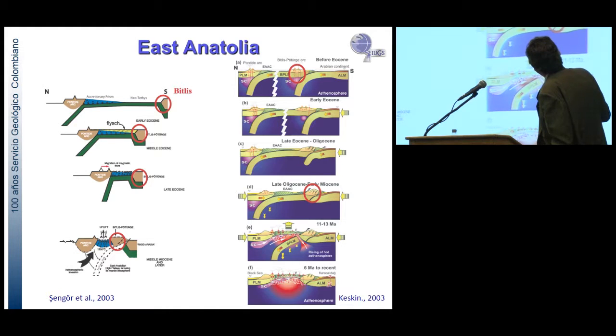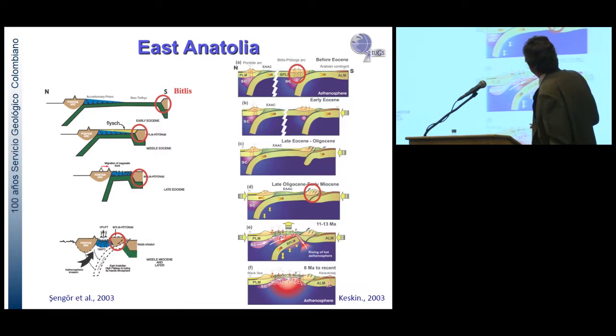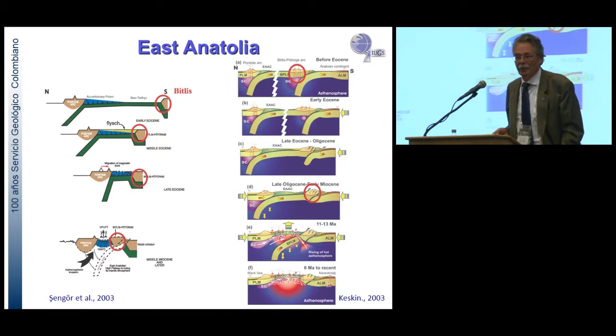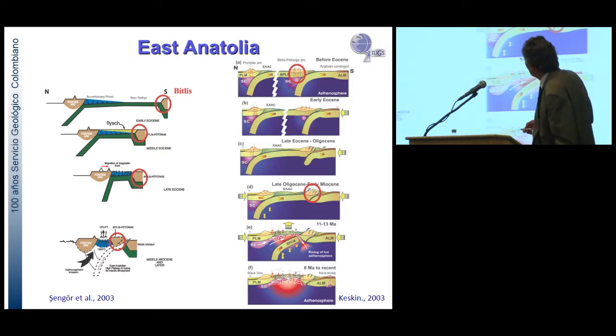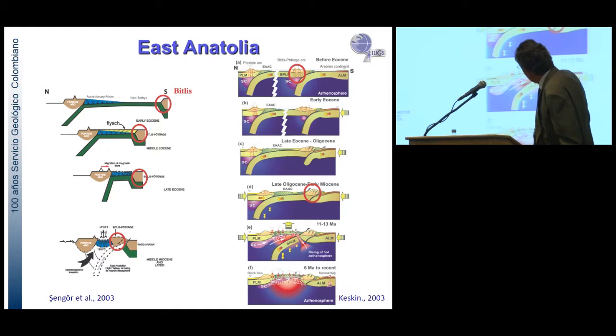They put Bitlis here, it's in the upper plate, no high pressure, and actually here it should be something like a volcanic arc, and I can assure you that all the metapelites that are blueschist-bearing are not typical rocks for a volcanic arc. What I want to focus on is that all the models that were published up to now insist on having a mantle plume heating up the area and being responsible for the high plateau of eastern Anatolia.